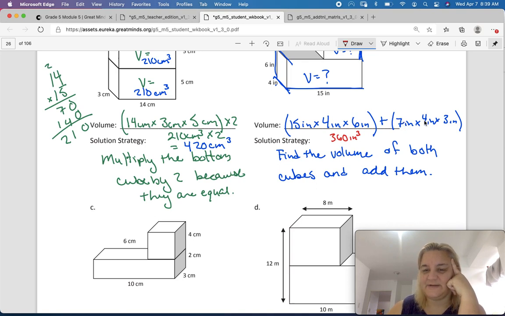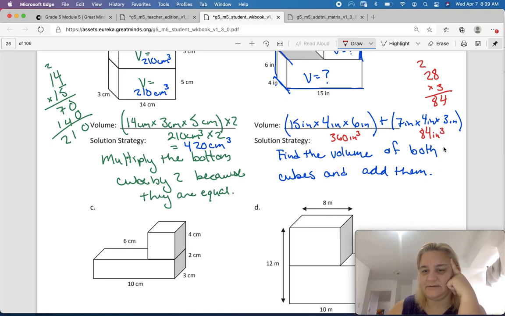Okay, here, can we do this one in our head? 7 times 4 is 28. And 28 times 3, you know what, I'm just going to do that last little one. 84 inches cubed.